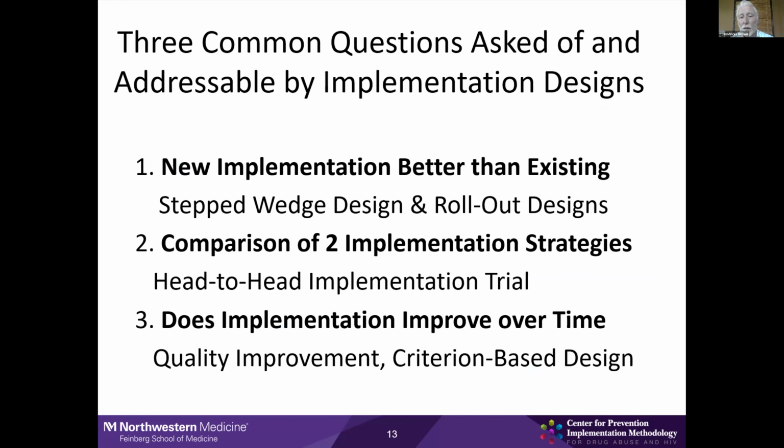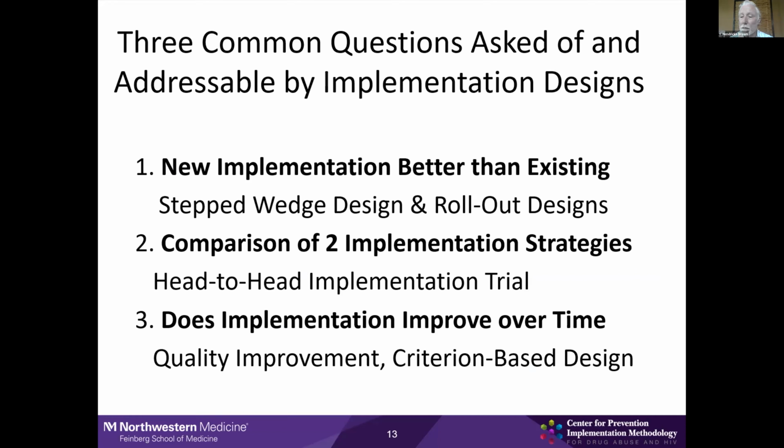There are three common questions addressable by implementation designs. First of all, is a new implementation better than the existing one? Here we can use stepped wedge designs, which many of you have heard of before, and their broader class, which we call rollout designs. The second is comparison of two implementation strategies against one another.